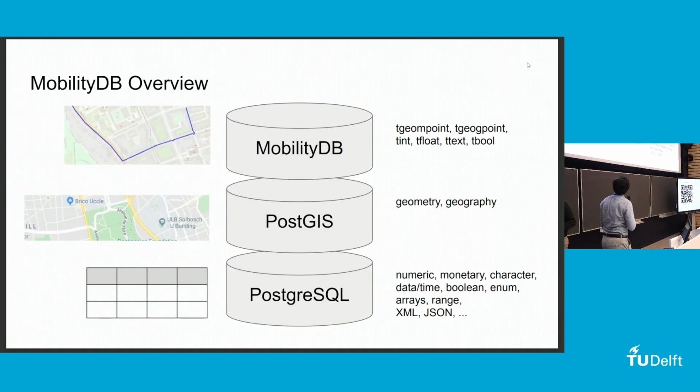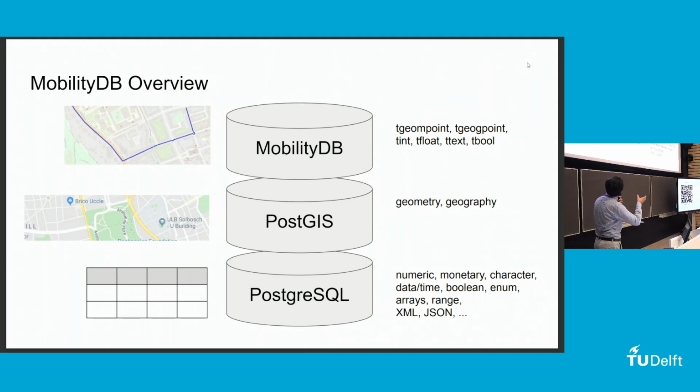So what is MobilityDB? You don't need to be scared by the name. It's basically PostgreSQL; MobilityDB is an extension over PostgreSQL. When you are working with a relational database, you get many functions and data storage and processing capabilities.